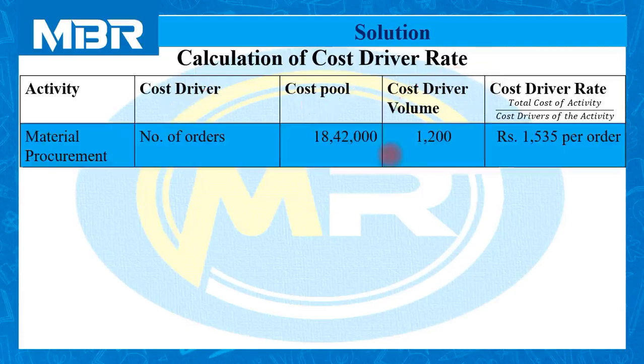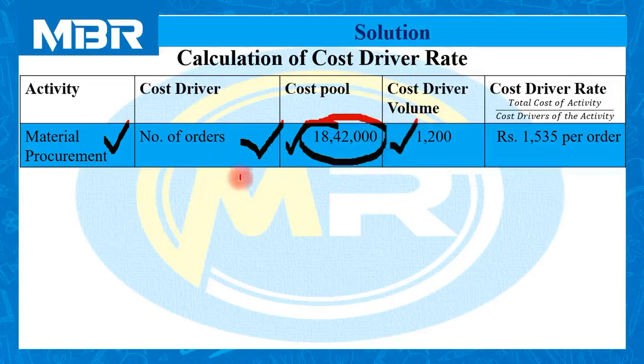The first activity is material procurement. You can say it's a cost pool; ultimately, it is one and the same. The perfect base for the distribution of expenses incurred on material procurement is the number of orders. Total expenditure incurred on material procurement is rupees 18,42,000 and the cost driver volume is 1,200.